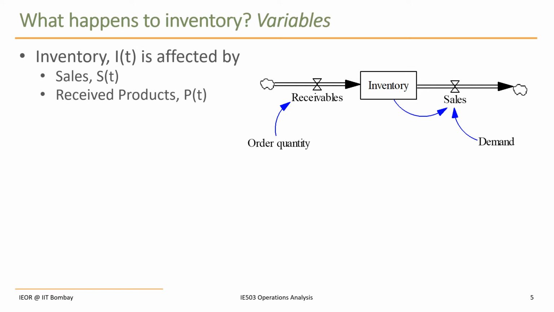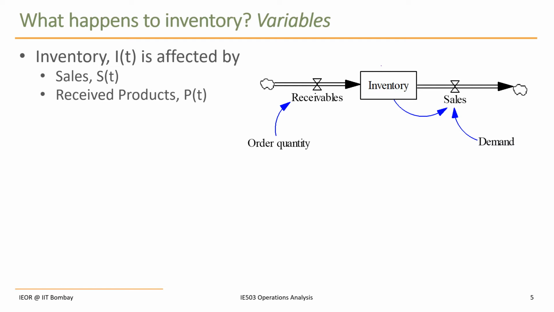Now, let's take a slightly different view of what happened to the inventory. The figure on the right shows inventory in a box. You can represent this as a physical inventory within the warehouse, shown by the rectangle. This inventory is affected by sales and the received products.